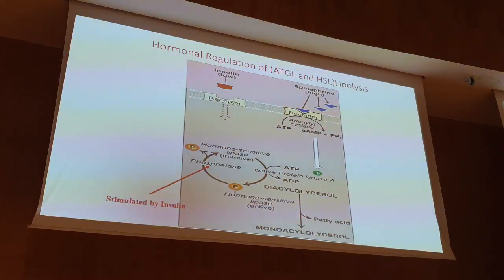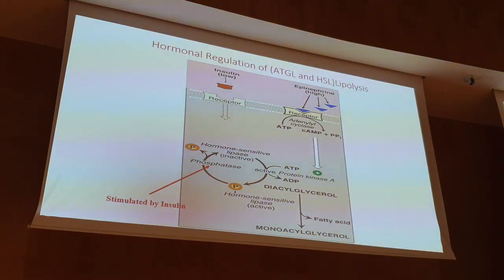So these enzymes can be regulated. And the diagram I'm using for regulation is, I'm showing you the activation or the regulation of hormone-sensitive lipase. And if you look at hormone-sensitive lipase, in a phosphorylated state, it is active.